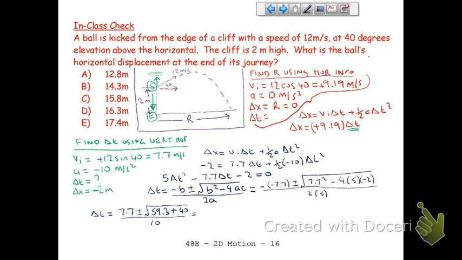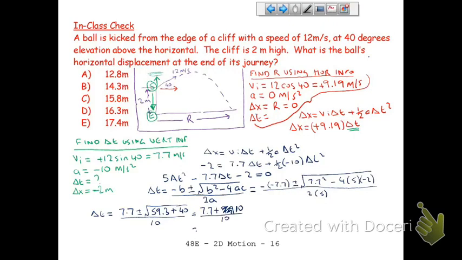So let's write this out. 7.7 plus the square root of 99.3, which is 9.96. Call it 10, over 10.